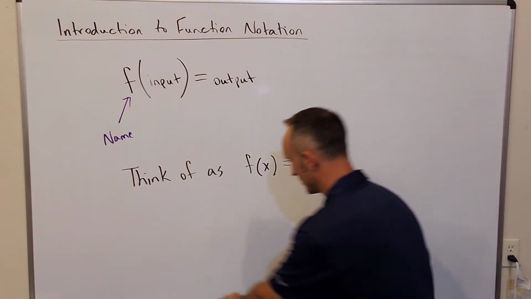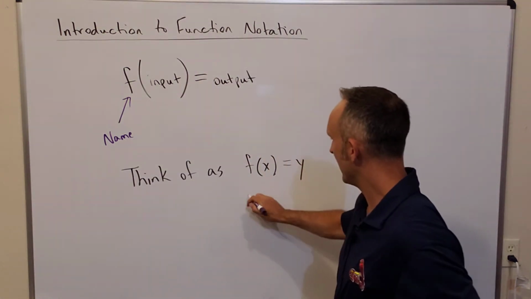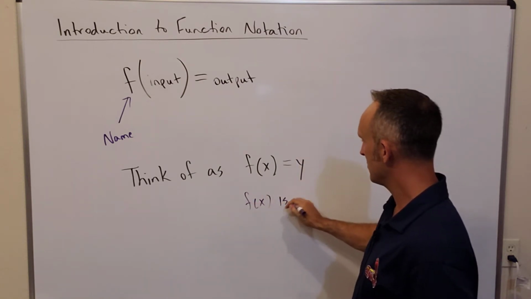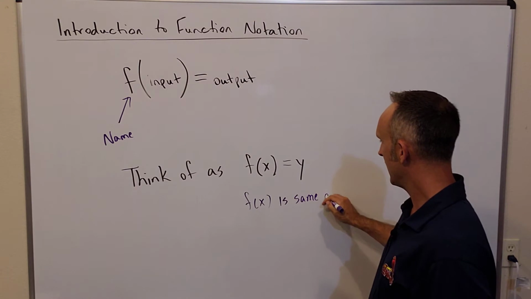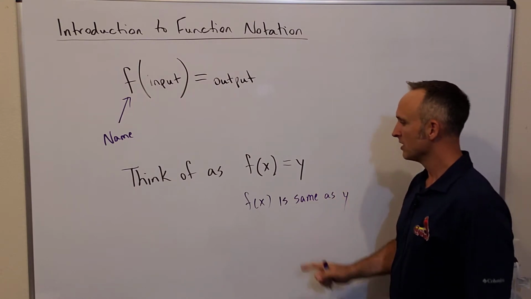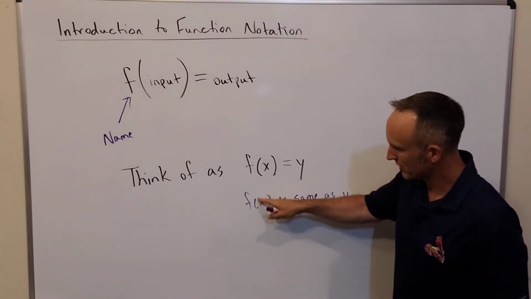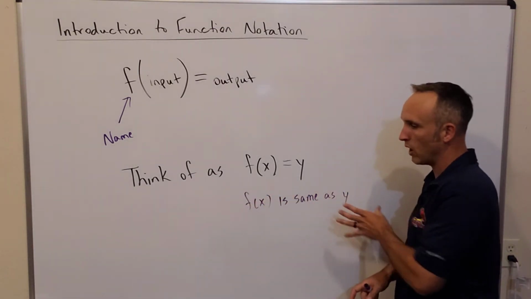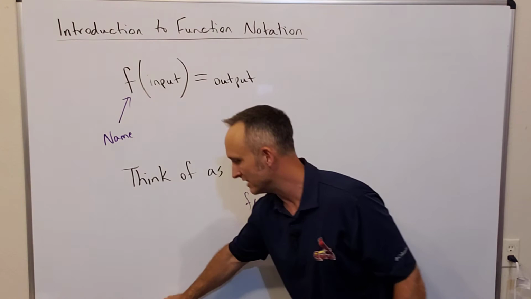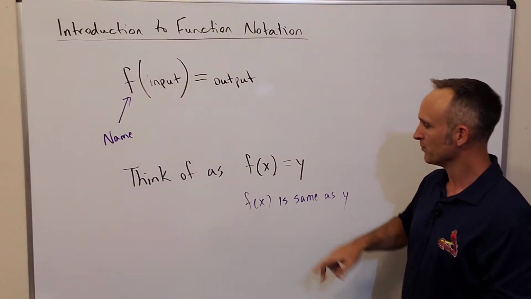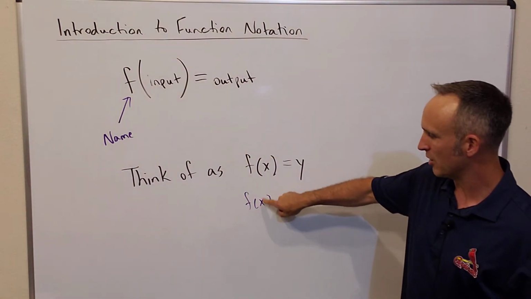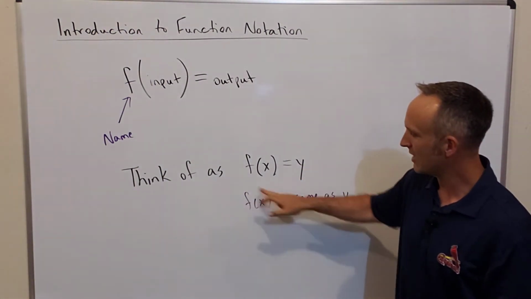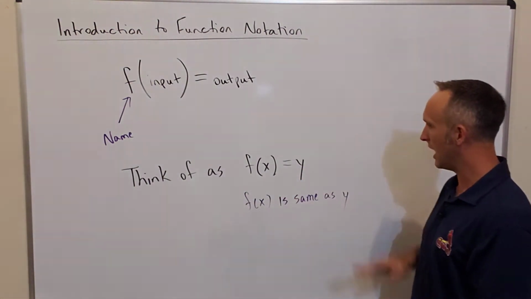So what's in the parentheses is your x, and then f of that whole thing means y. Those are some fundamental ideas to keep in mind. The item in parentheses by itself is the input, and the entire expression is your output, y, okay?